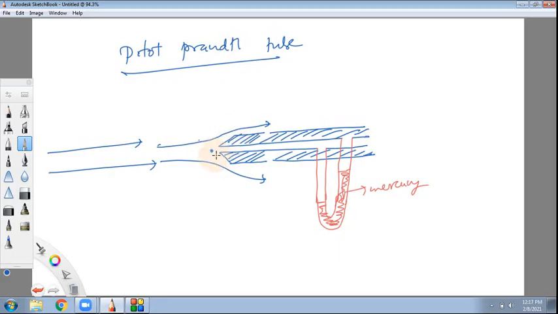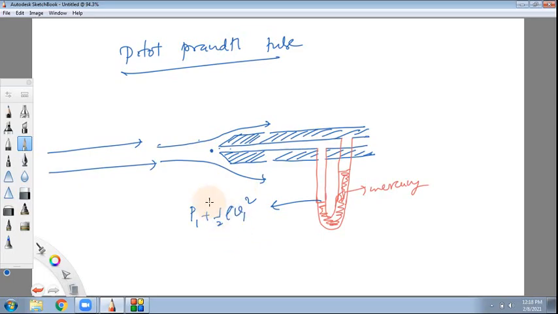The pressure here at the stagnation point and everywhere inside, including in this red colored tube, ultimately comes out to be the stagnation pressure, which is P1 plus half rho V1 square. That is the pressure here that you are measuring.